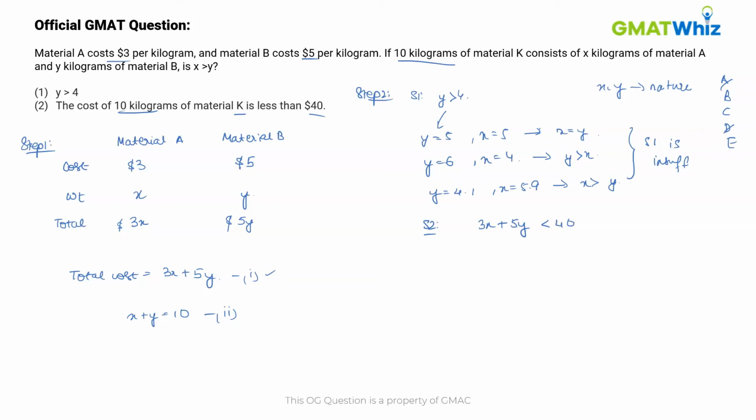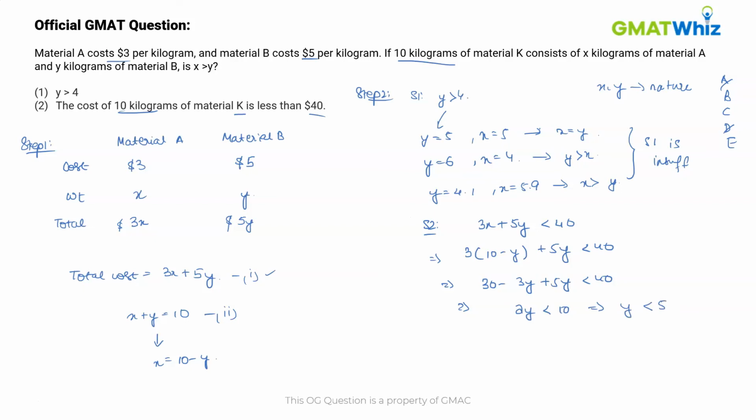From the second equation we can write x as 10 minus y, and on substituting this value here we get 3(10 minus y) plus 5y less than 40, which gives us 30 minus 3y plus 5y less than 40, and this gives us that 2y is less than 10, using which we can say that y is less than 5.